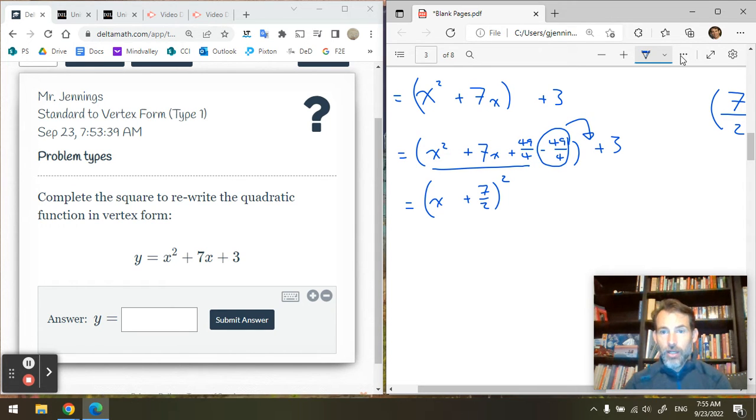Okay, so we're going to have minus 49 over 4, and this tends to lose some of you, but it really shouldn't. 3 is the same thing as 12 over 4. Yeah, it's the same. And if you're saying, yes, but Mr. Jennings, I don't like fractions. Well, stop saying that.